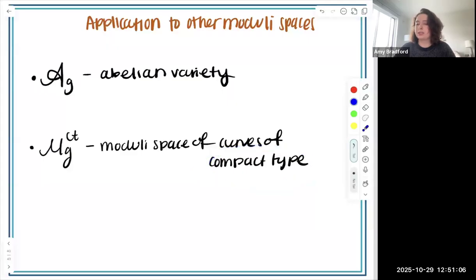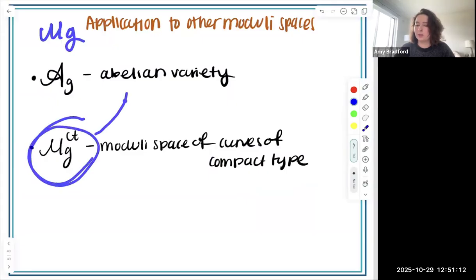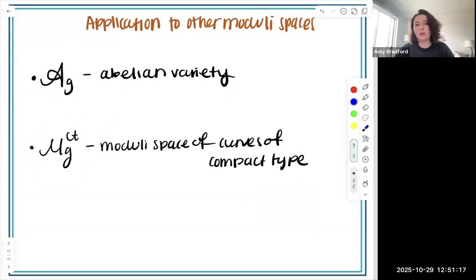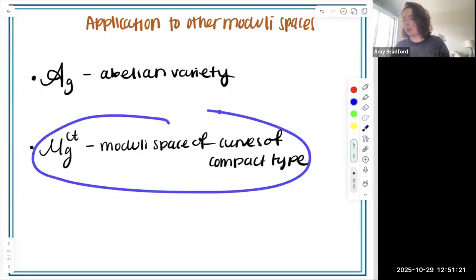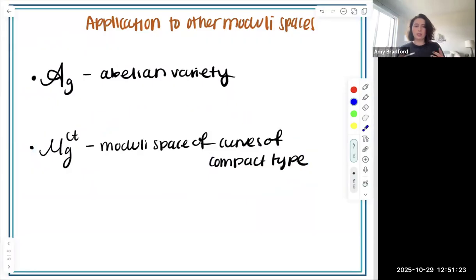But the point is that M_g and A_g are very well studied in algebraic geometry, and this moduli space sits in between them and is able to help us communicate between them. And so what my research is studying is really looking at this space and using these combinatorial techniques, similar to what I've just presented, to say something about this other moduli space.